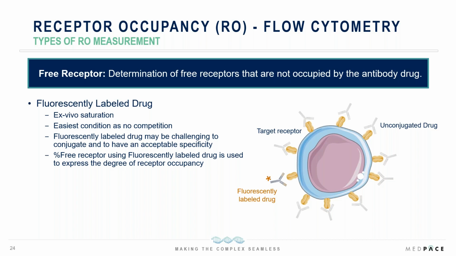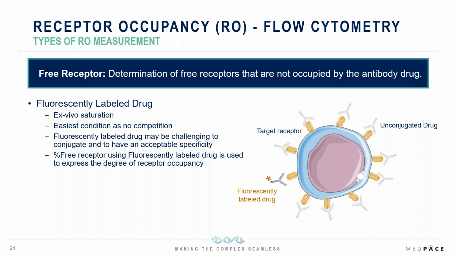So while using either the competitive antibody or the fluorescently labeled drug, you will target only the receptors that were not bound by the unconjugated drug. And the signal that you will obtain, the percentage of free receptors, will be incorporated in the equation to calculate the degree of receptor occupancy.